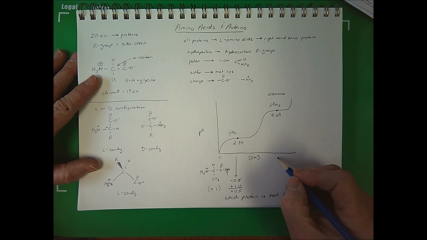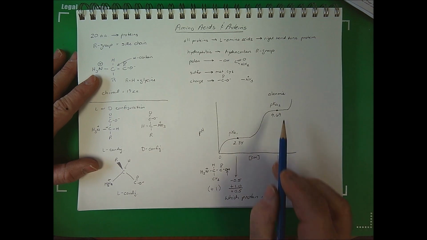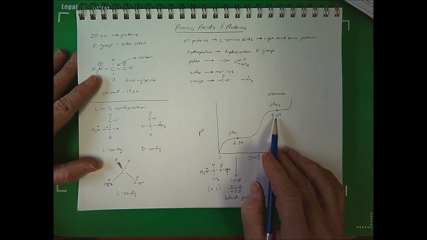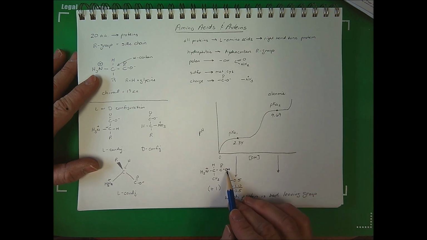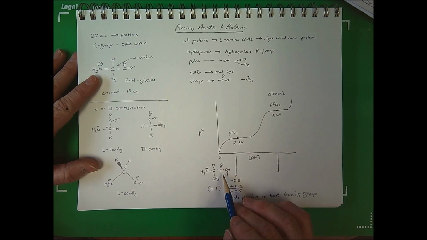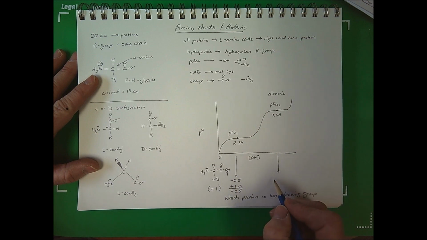And at this point, what would be the charge on this carboxylic acid at this pH? This is such a basic pH, and this is such a weak bond, we can pretty much assume that the carboxylic acid on the alanine amino acid is going to be fully deprotonated. So this will contribute a charge of -1.